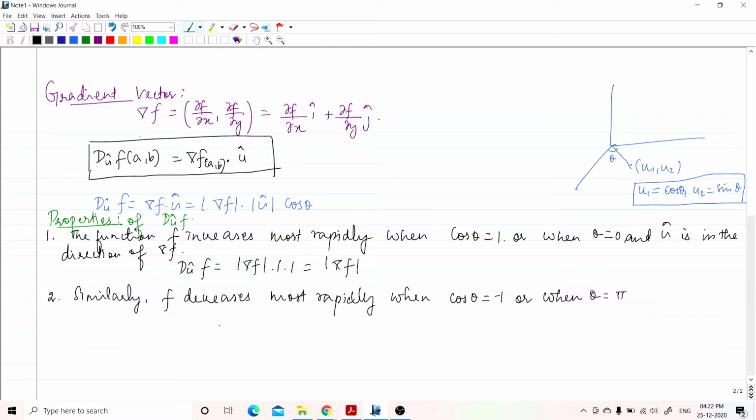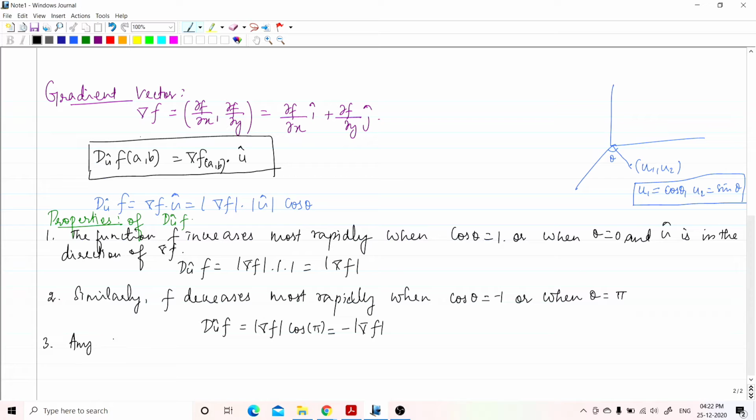So in this case your D_u f is going to be the absolute value of del f times cos pi, which is going to be minus the absolute value of del f. Is the idea clear, class? Yes, sir.